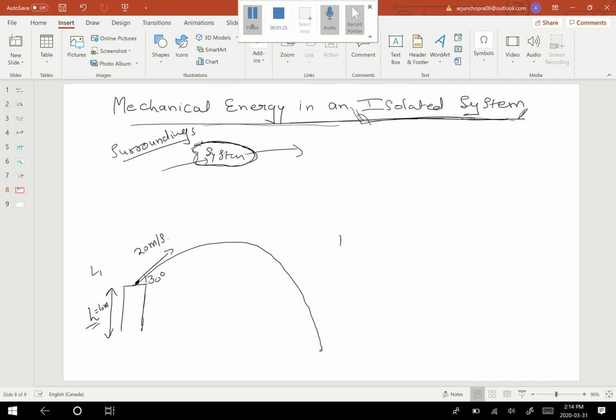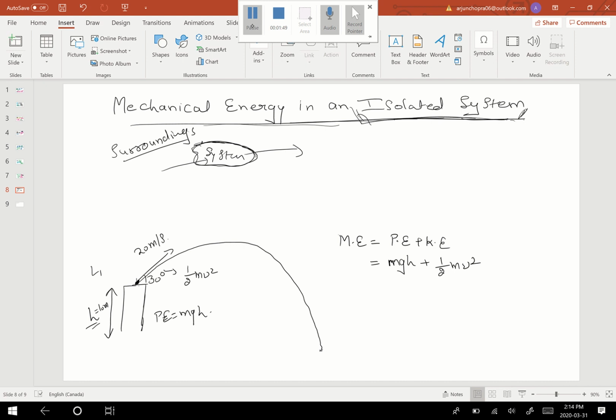So what will be the potential energy? Potential energy value will be equal to mgh, and the kinetic energy in the projectile will be half mv square. So mechanical energy in the system will be equal to potential energy plus kinetic energy. So potential energy is mgh plus half mv square.